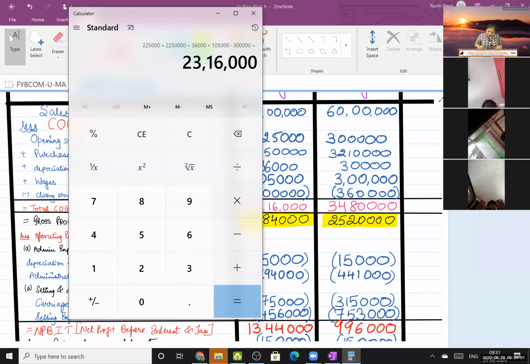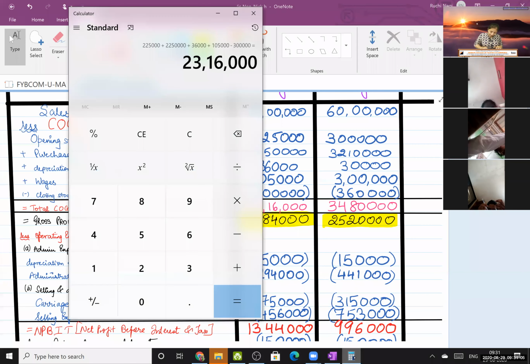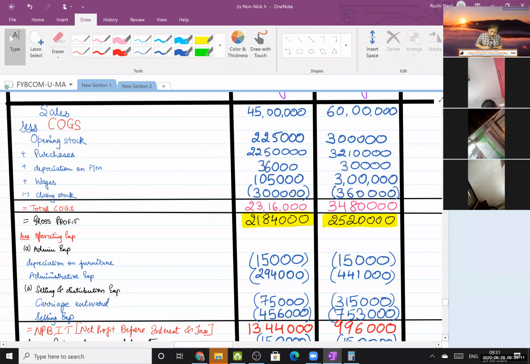The answer is 23 lakh 16,000. Minus 45 lakhs. So 21 lakh 84,000. This is also right.